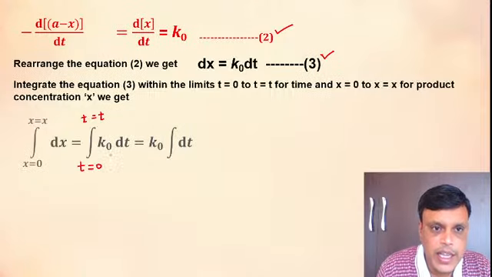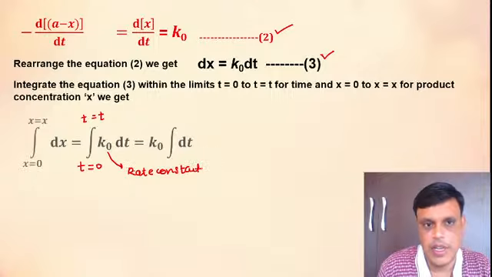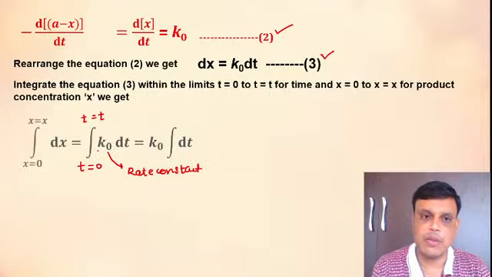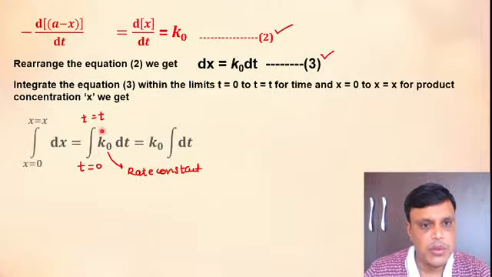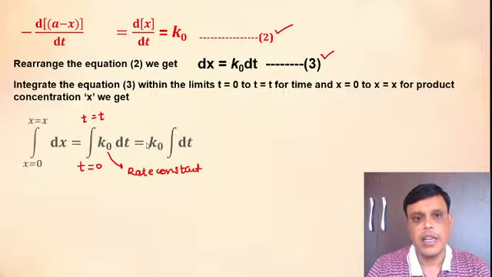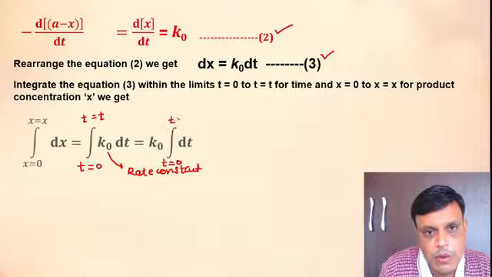Now here K0 is the rate constant for a zero order reaction, so it is a constant, we will take that constant outside the integration. So after taking K0 outside we get K0 into integration t is equal to 0 to t is equal to t of dt.